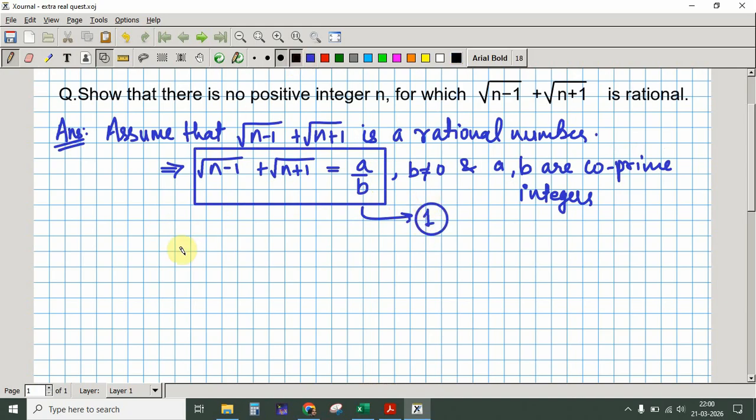Let's take the reciprocal of this equation. So I will get 1 upon square root of n minus 1 plus square root of n plus 1 equals b upon a. We already know a is not equal to 0, that's why we are able to take the reciprocal of equation 1.